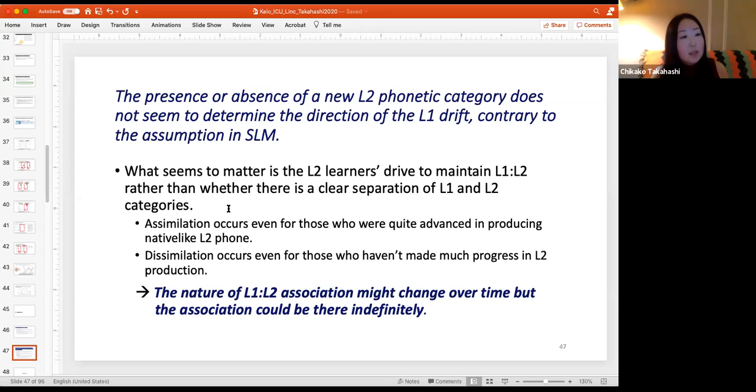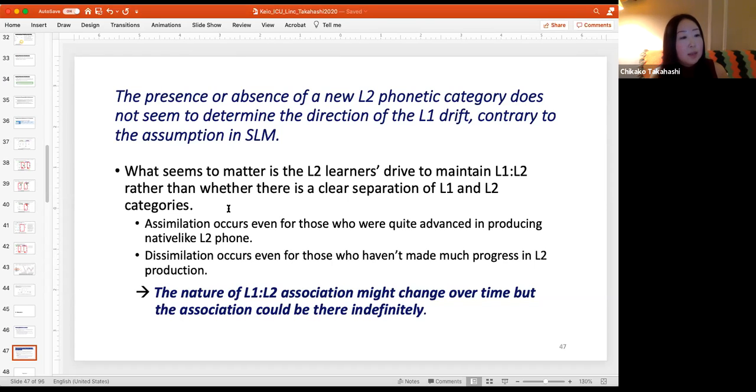In SLM, and also in several other studies, the presence or absence of assimilation and dissimilation is assumed to be tied to whether or not L2 learners have created the new phonetic category. However, what seems to matter here is the L2 learners' drive to maintain L1 and L2, rather than whether there's a clear separation of L1 and L2 categories.